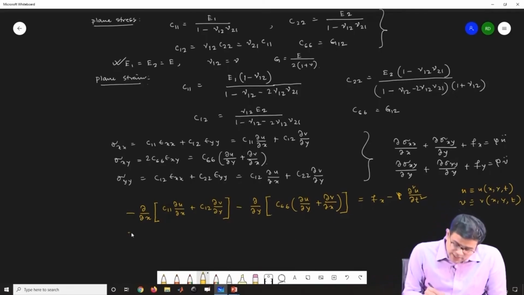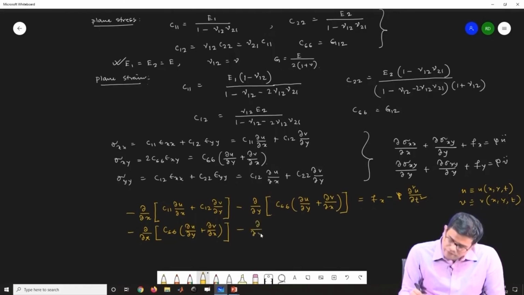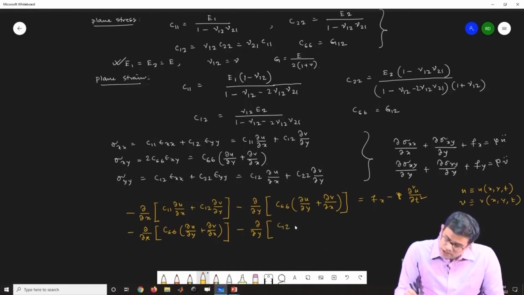So similarly, the second equation we can also write, that is minus del x into C66 into del u del y plus del v del x, minus del y into this equation, that is C12 del u del x plus C22 del v del y.